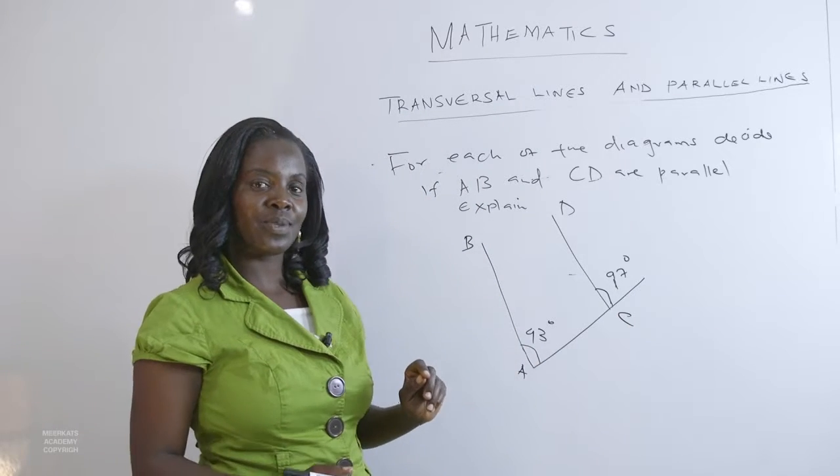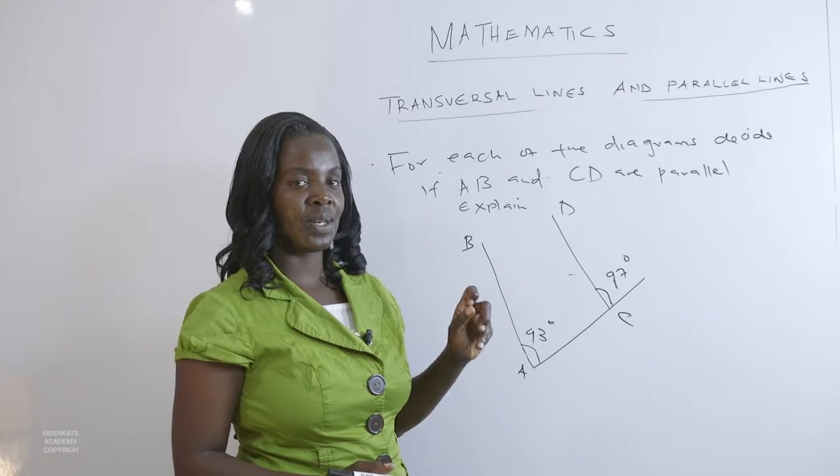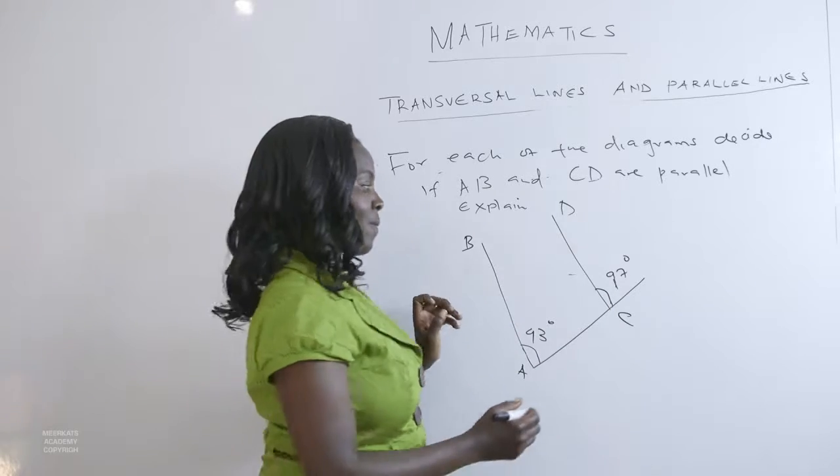Let's check if the two angles are equal. This is 93, this is 97. So the corresponding angles are not equal.